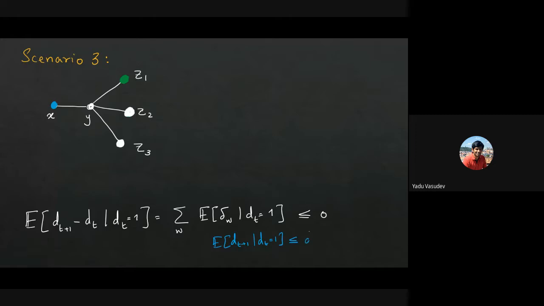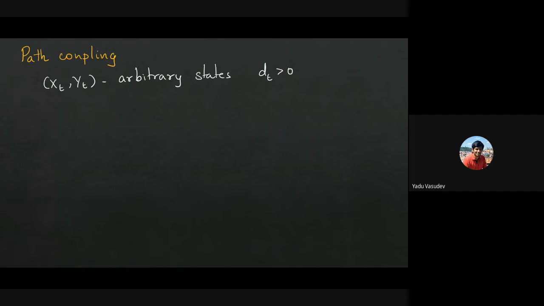It is always reducing. So this is the analysis for just coupling when you have two states that differ by one vertex. Okay, so now we actually go into path coupling.